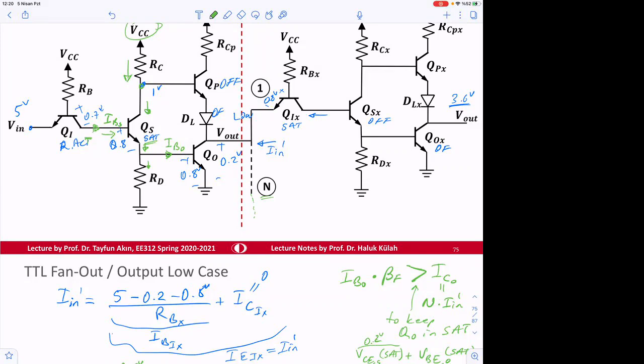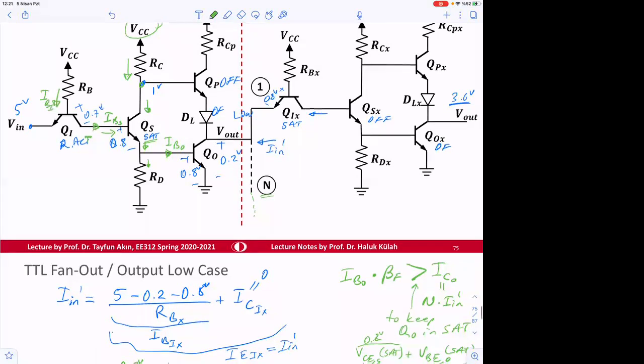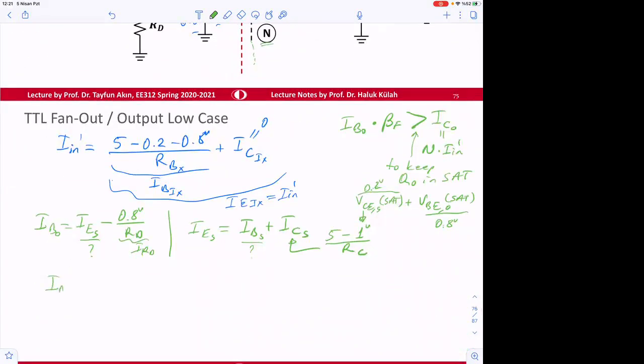So for reverse active, if I can find this current, IBI, and then multiply that with 1 plus beta R, that's going to be IBS. IBS, coming from QI, is equal to 1 plus beta R times IBI.